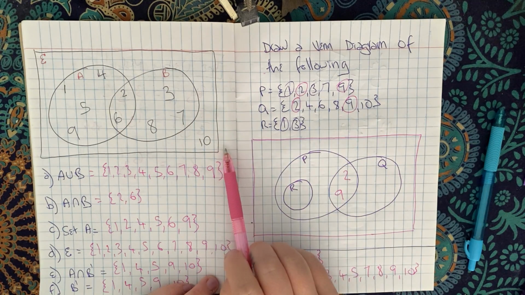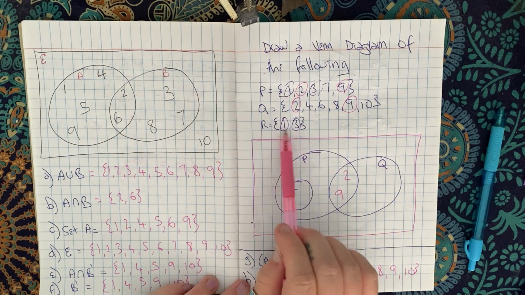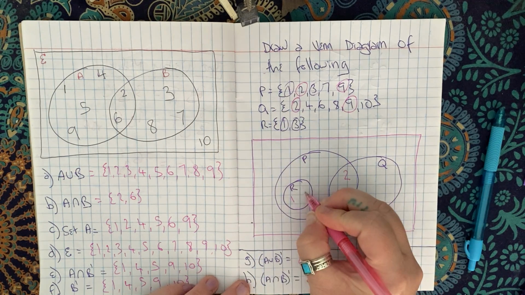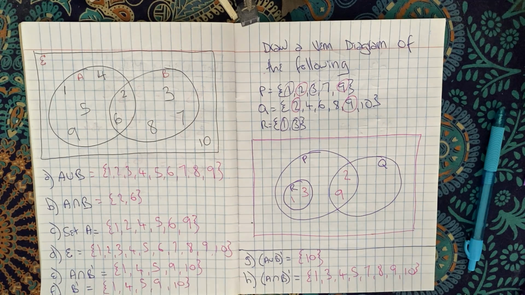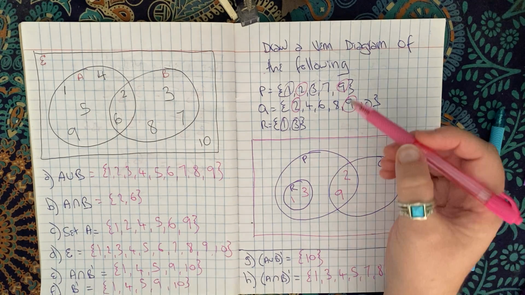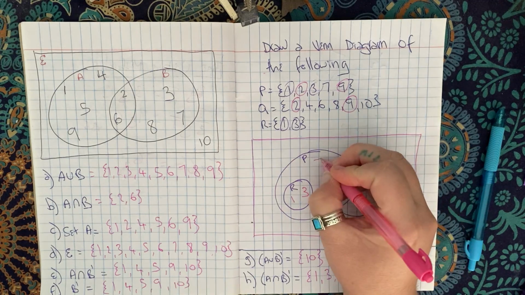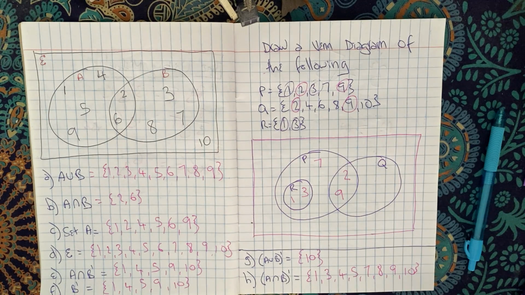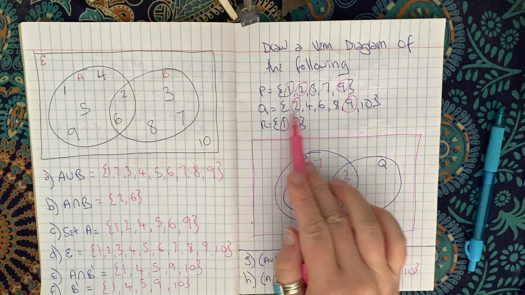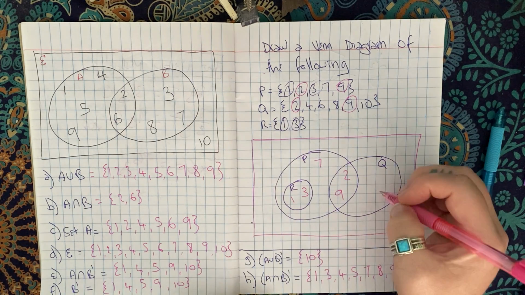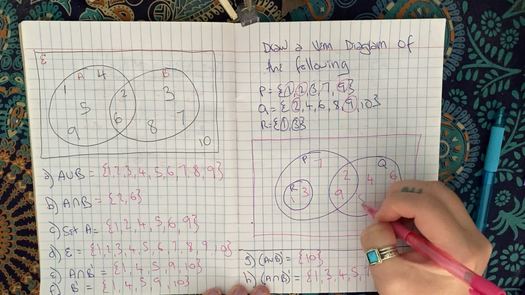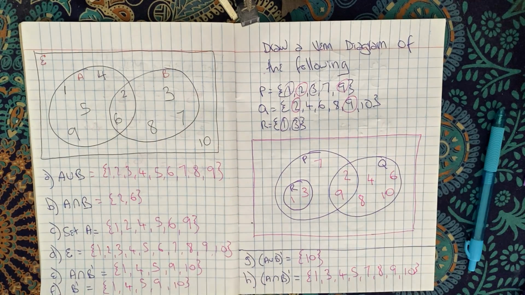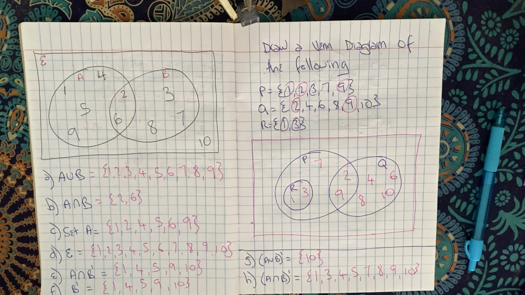Then we've got 1 and 3, so I'm going to do that as well. So 1 and 3 belong inside R, which are also inside P. So I've done those. Now I have a 7 that only belongs in P, and I've done all of the set P. And I've done all of the set R, so now I just need to add in the numbers that belong in Q. So I have 4 and 6 and 8 and 10. And there's nothing that belongs outside of it.